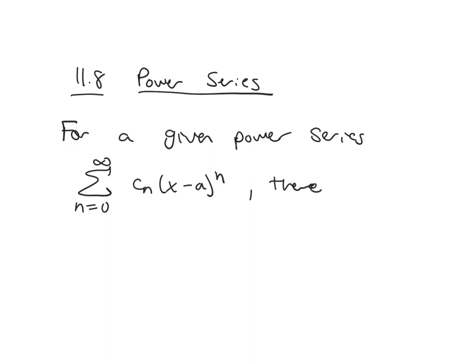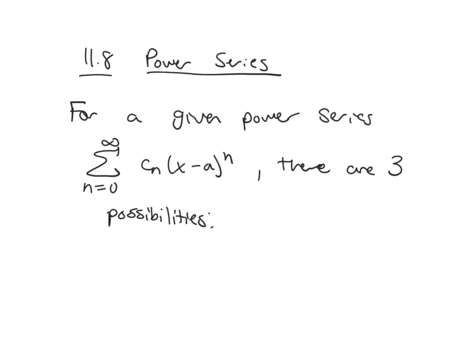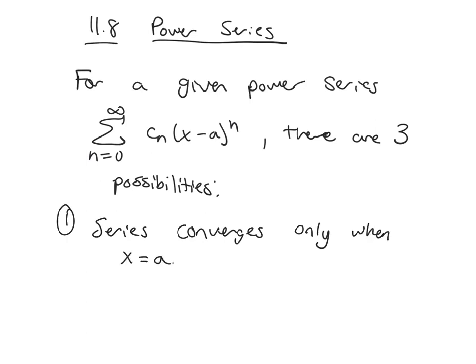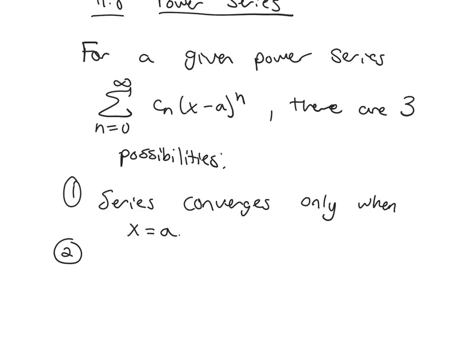There are three possibilities. The first possibility is that your series only converges when x equals a. The second one we saw last time was that your series converges for all values of x.